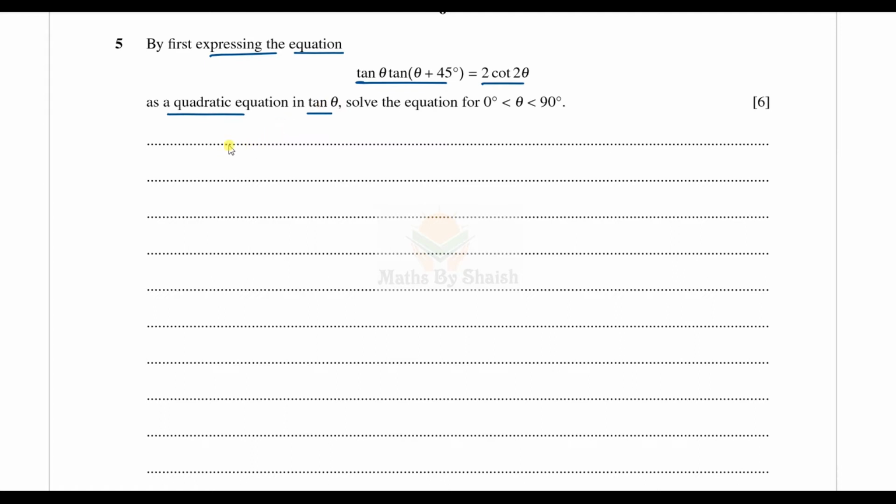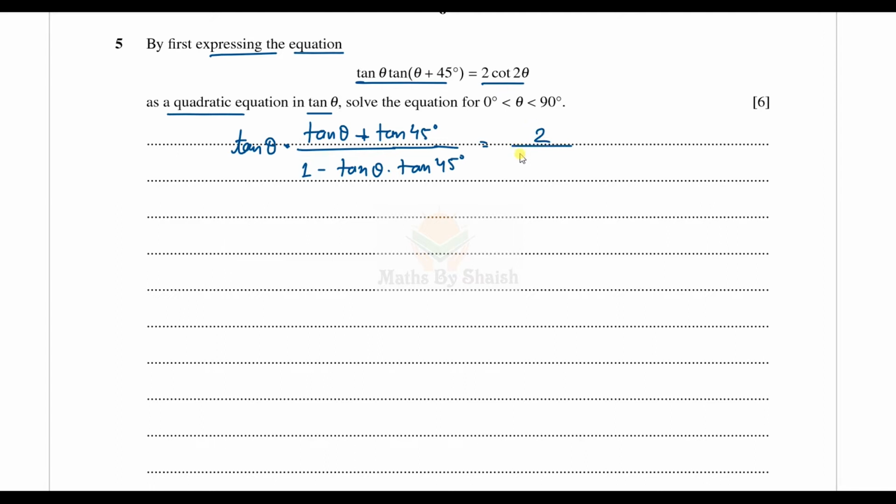So let's start: tan theta into tan theta plus 45 is tan theta plus tan 45 upon 1 minus tan theta into tan 45, equal to 2 cot theta.